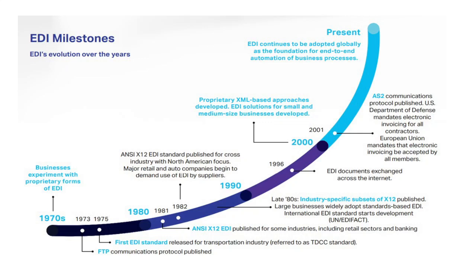In 1970, businesses experimented with proprietary forms of EDI, proprietary forms in the sense of two transportation companies or any two trading companies like that. In 1973, communications were started, protocols, okay, FTP protocol. 1975, EDI standards were released for the transport industry.